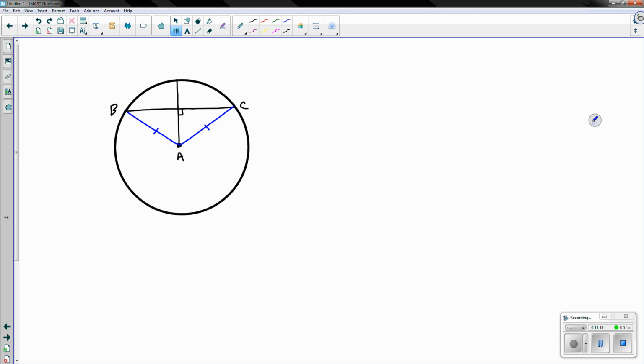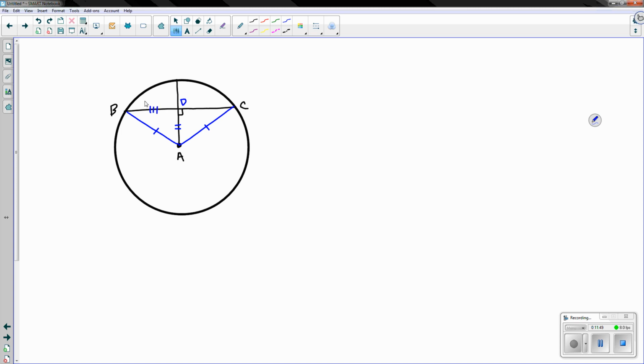We also know that the two triangles now formed, so this intersection we'll call point D, share a leg from A to D, right? A to D is shared amongst the two. So now we can see we have two right triangles that have congruent hypotenuse lengths, and they share a leg. So by hypotenuse leg, these two triangles are congruent, and therefore the corresponding parts are congruent.